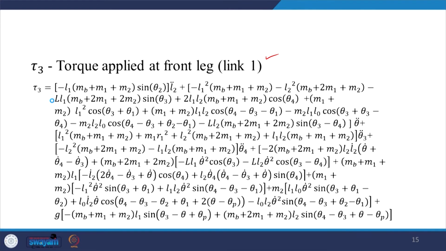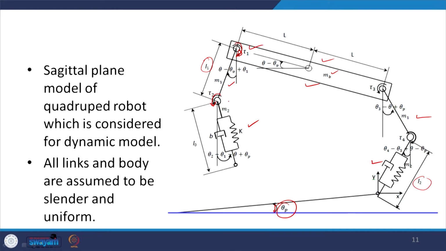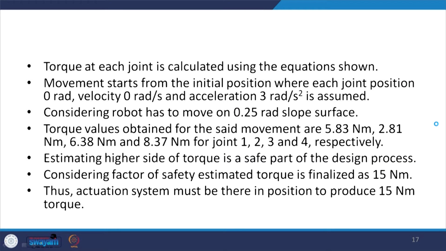So, what I am saying is that we have evaluated these four torques, tau 1, tau 2, tau 3 and tau 4, where the actuators are placed. The torque at each joint is calculated using the equations as we have seen previously. Movement starts from the initial position where each joint position is 0 radian and velocity 0 radian per second, and an acceleration value of 3 radian per second square has been assumed.